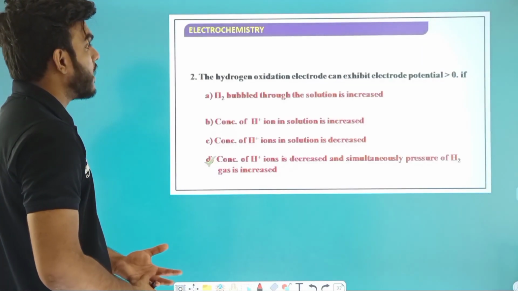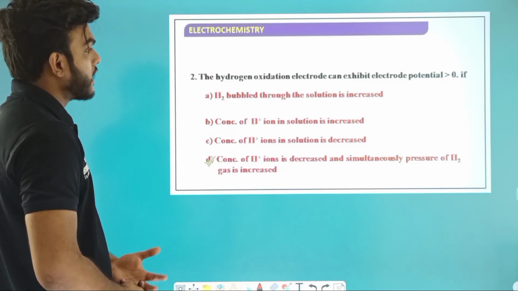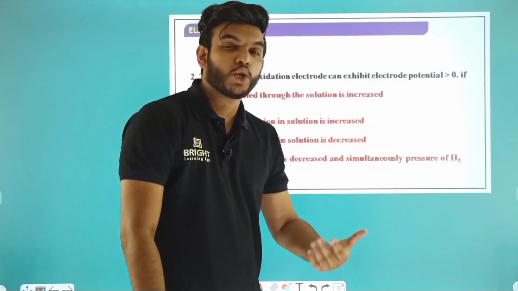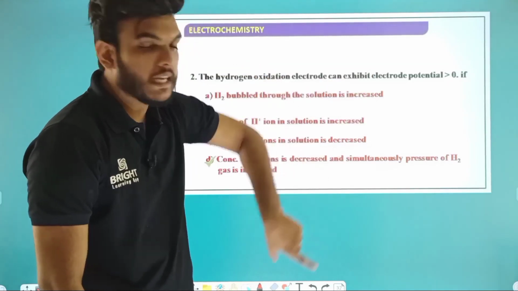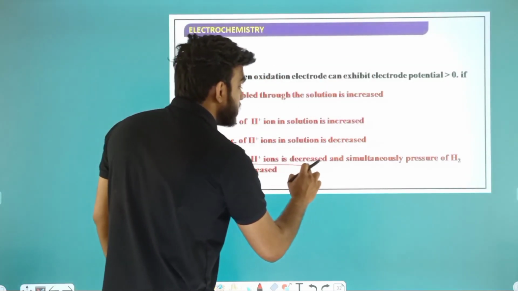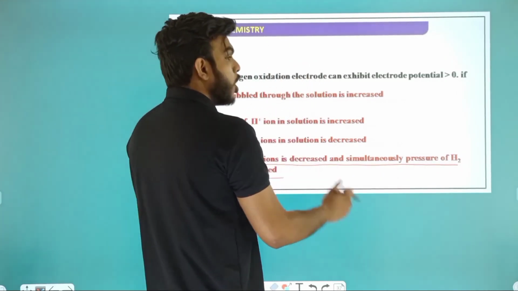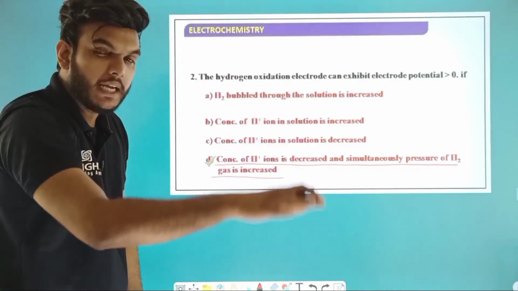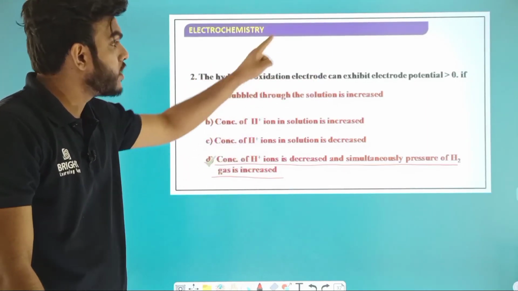The hydrogen oxidation electrode can exhibit an electrode potential greater than 0 when the concentration of H+ ion is decreased and simultaneously the pressure of H2 gas is increased. Keep that point in your mind.